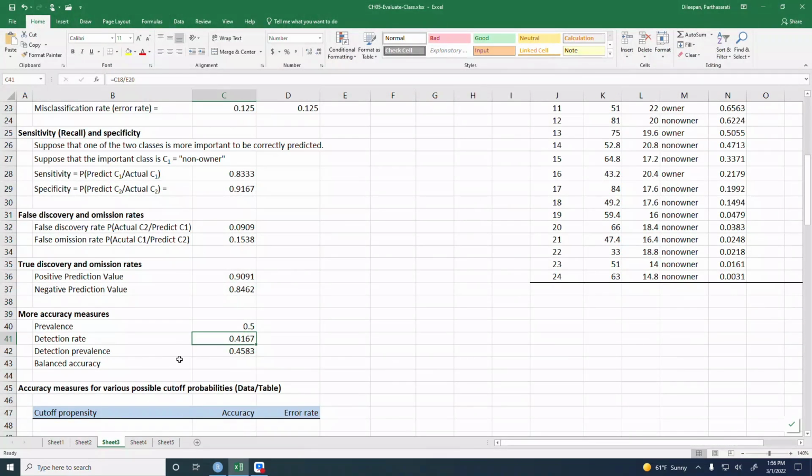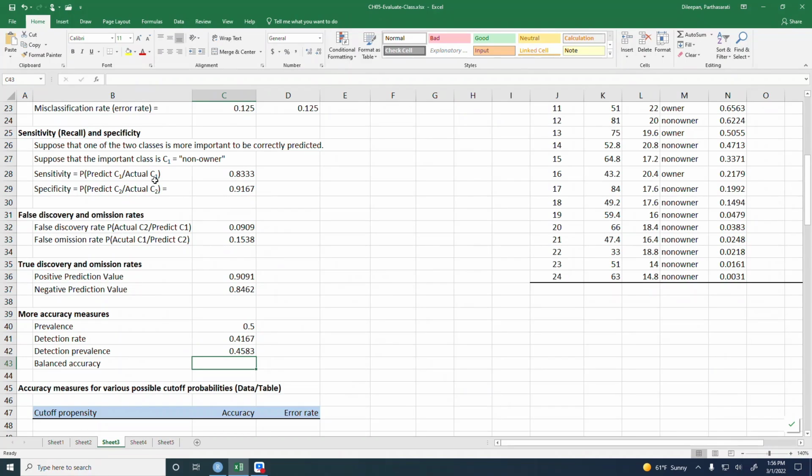Now, balance accuracy, okay, sometimes the accuracy rate that we compute in the regular way, diagonally add the two values diagonally, divide by the total, that's our accuracy rate. So that can sometimes be overstating the accuracy. So we have an alternative measure that is called balance accuracy, and that is the average of sensitivity and specificity.